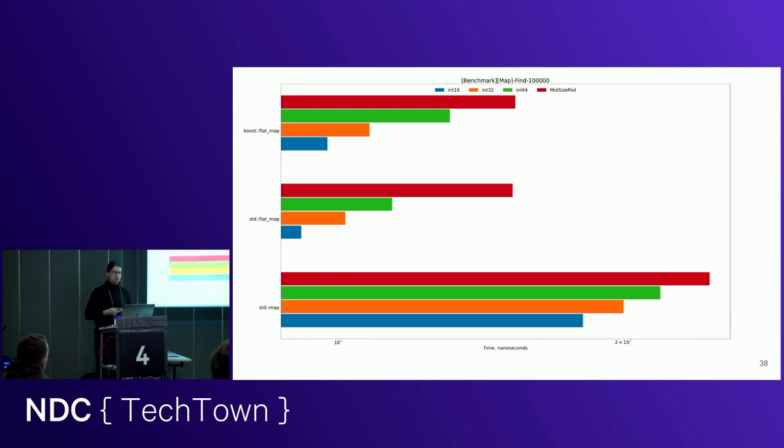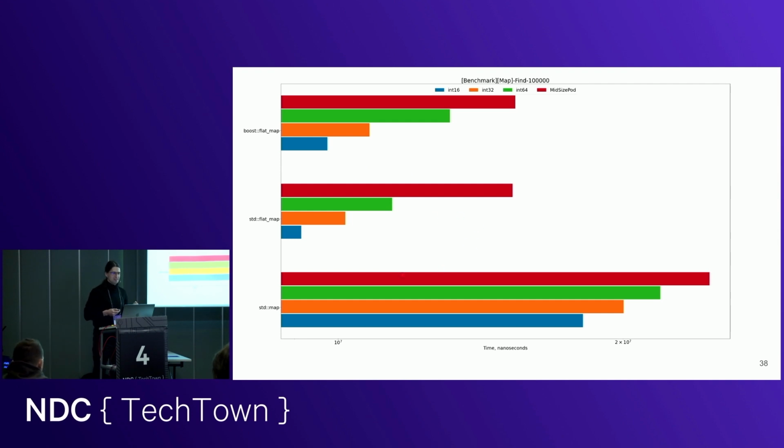But in the second case, we jump from 10 elements to 100,000 elements. And here the situation is a little bit more interesting. If we use find on 100,000 elements, we can clearly see that std map is working much, much slower. The scale is now logarithmic, so you can probably estimate the amount based on this. And the flat map, we have a flat map of 2 containers.